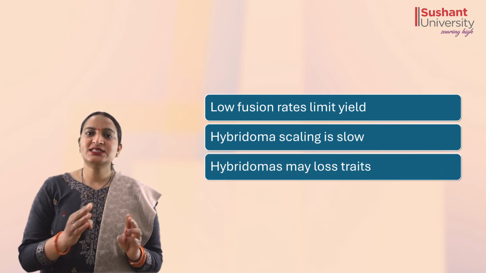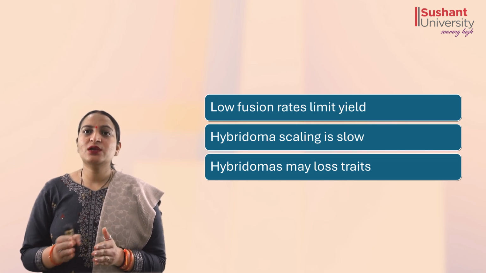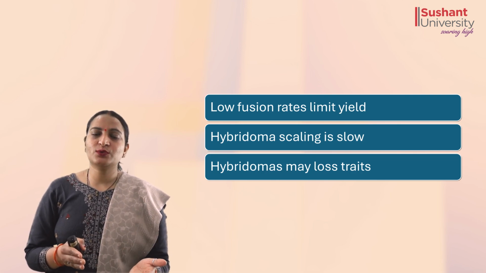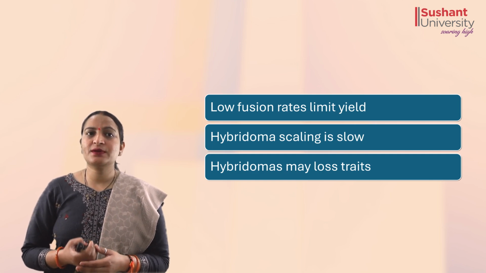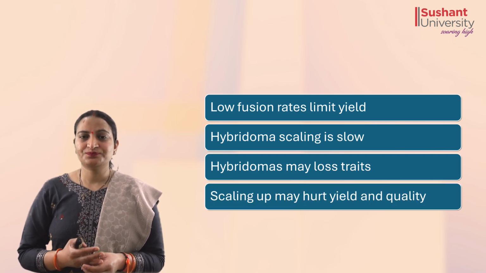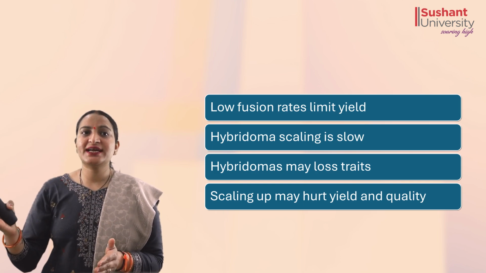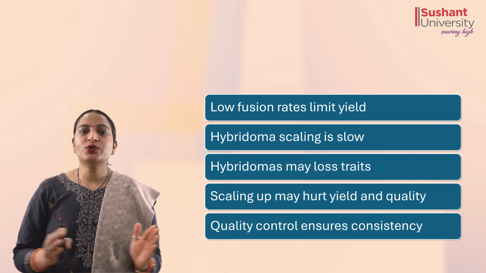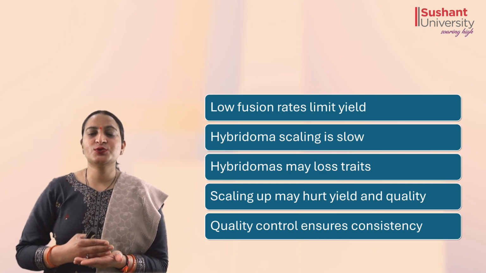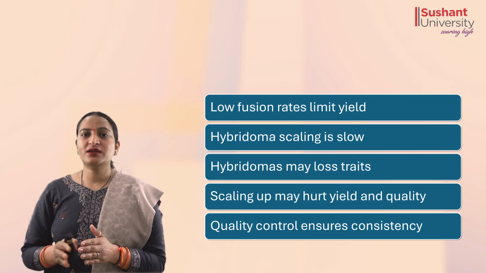When two cells are fused, they may lose the traits that we are particularly expecting from the source cells. Next is scaling up may hurt yield quality. When we produce monoclonal antibodies and then we commercialize it on a large scale, it may get hindered. Quality control. Throughout all the processes, the consistency should be maintained. If it is broken at any part, it may lead to a defective product.